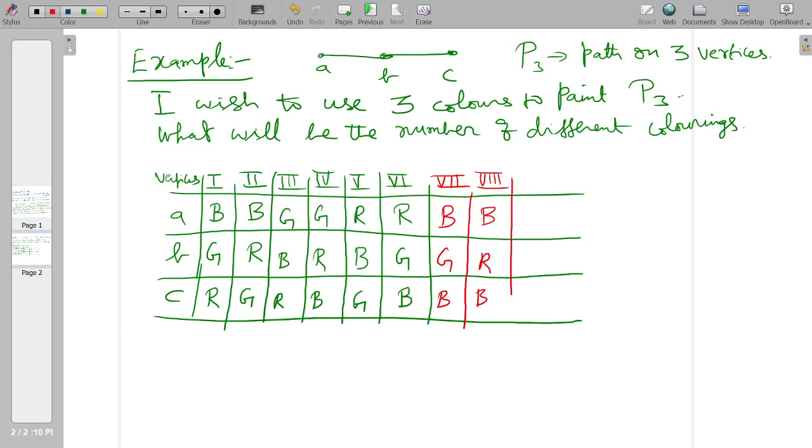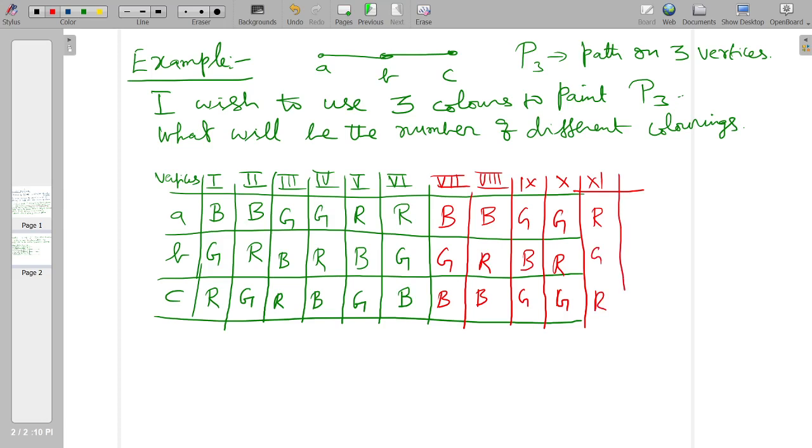Similarly the 9th one would be green, blue, green. The 10th is green, red, green. The 11th would be red, green, red, and the 12th would be red, blue, and red. So I have a total of 12.